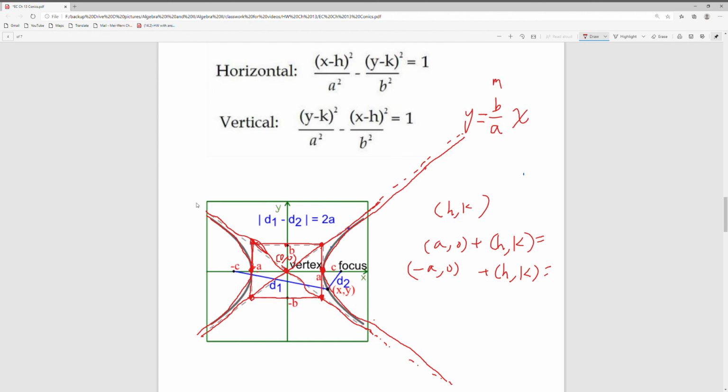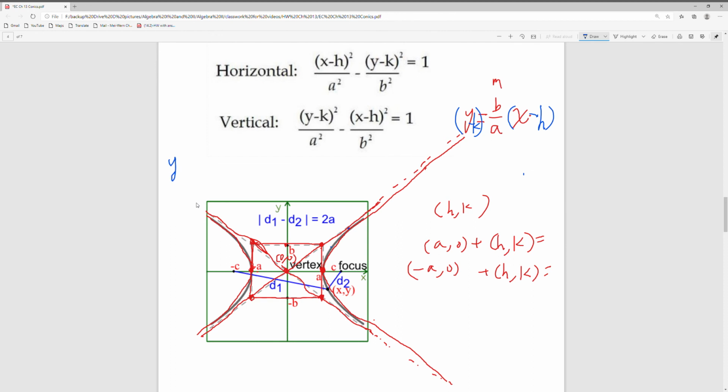This is the slope. And you understand that if you shift the whole graph to HK, then you need to remember chapter 11 with x minus h, y minus k. Make sense? Okay. So same thing.